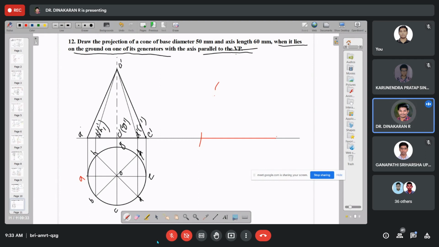O dash to E dash means again O dash to O1 dash. This one is E1 dash, and this one is A1 dash. To get A1 dash, from E1 dash as the center, measure A dash, which is 50 mm, and cut it. This is A1 dash. Then finally connect these lines.